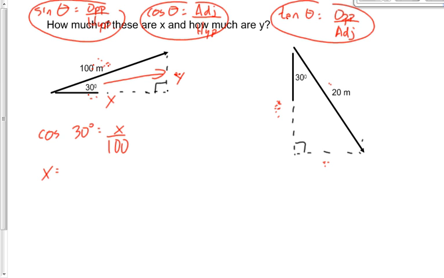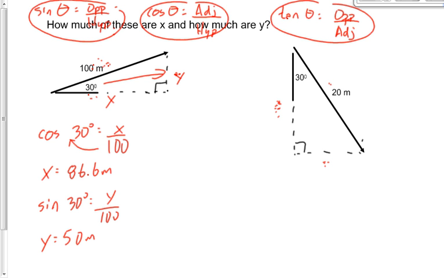Now the 100 goes up by multiplying. 100 times cosine 30 is 86.6 meters. And the y component, well, it's the opposite side. Let's use the trig function sine. Sine 30 degrees is equal to opposite over hypotenuse. 100 goes up by multiplying. Y is equal to 50 meters.